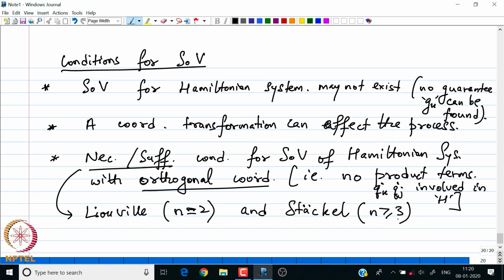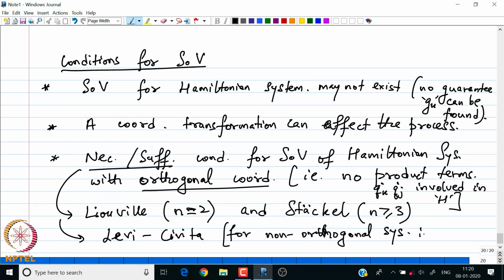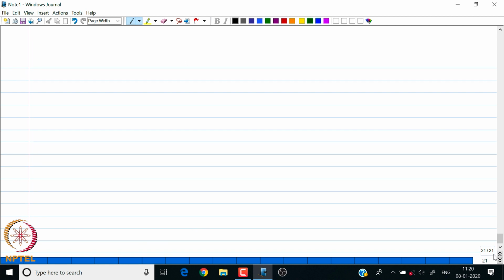And finally, by Levi-Civita for non-orthogonal systems in general. So we have the condition for all the cases. Let us now look at these. I am going to end my discussion by stating a few of these results.